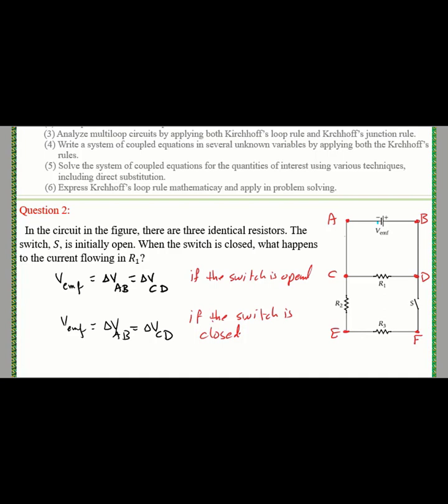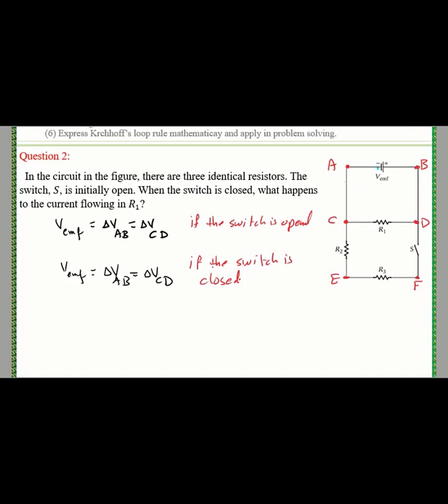Since VCD doesn't change, then the current between D and C will not change.